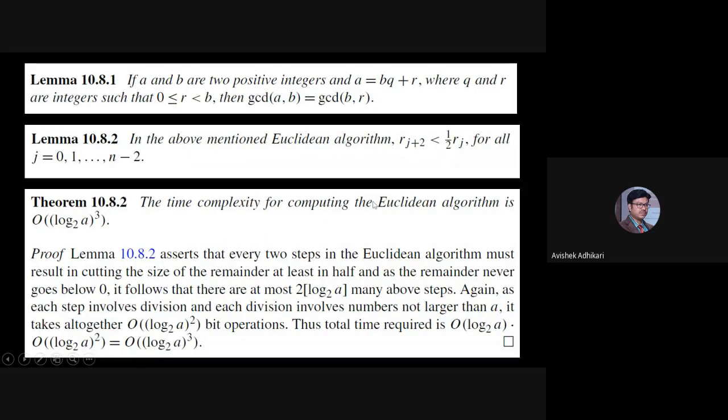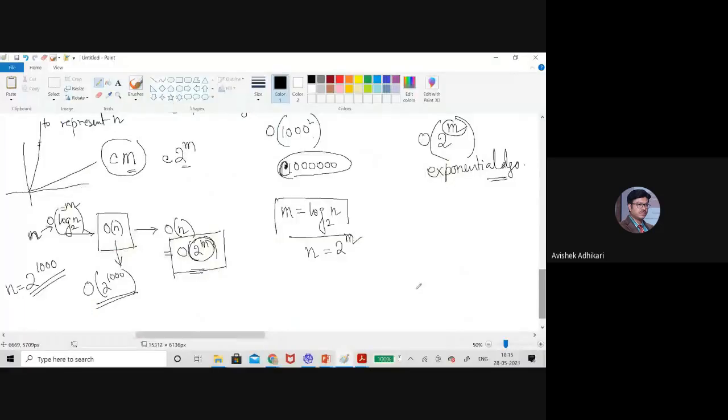Now you can understand that 2 steps in the Euclidean algorithm must cut the size of the remainder at least in half, and as the remainder can never be less than 0, it follows that at most 2 log a base 2 many steps are required. How? Say you start with 2 to the power 6.